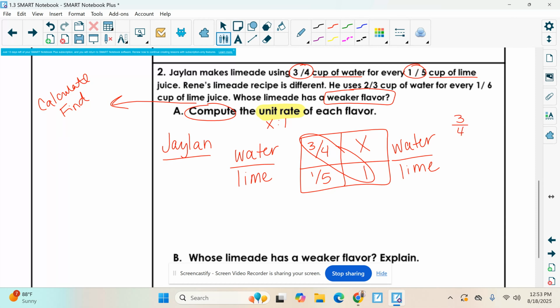Because anything times 1 is itself. Divided by 1/5. Do you see how, because you remember how a fraction is division? Do y'all remember that? Well, it is. Fraction means division. So this is saying 3/4 divided by 1/5.